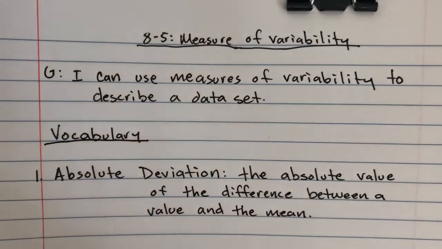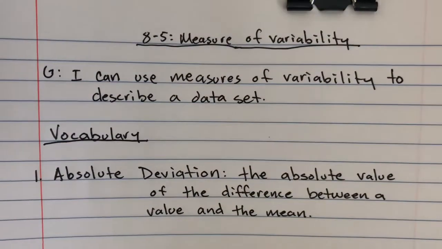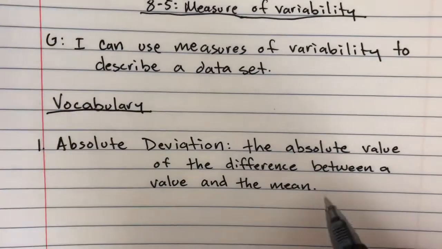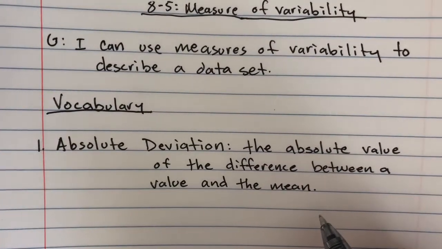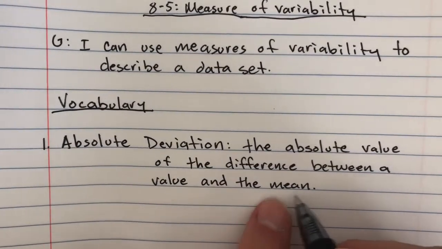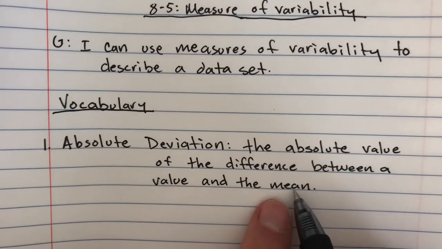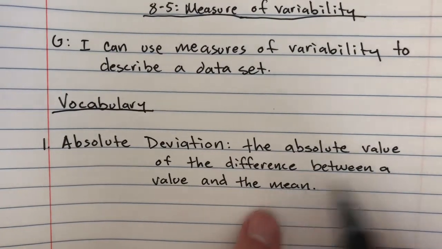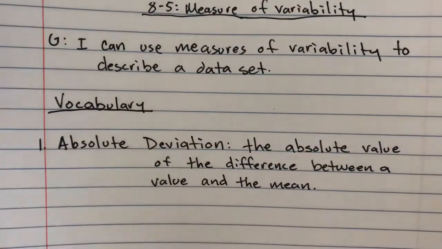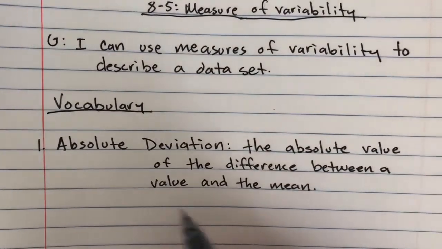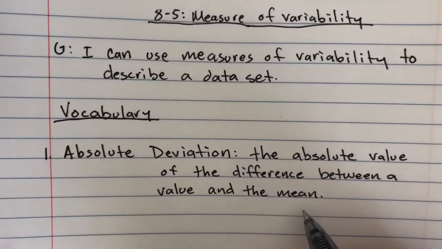Remember, the mean is a measure of center, right? So we're trying to find the center or typical value. In this case, we're finding the average or the mean. So when you find the mean, you subtract that from a value in the data set to see how far away that value is from the average, the mean.